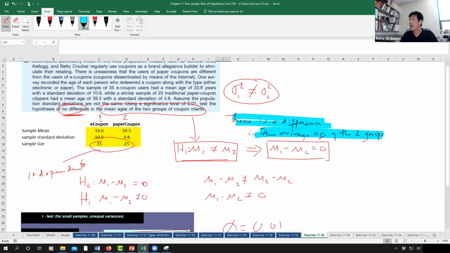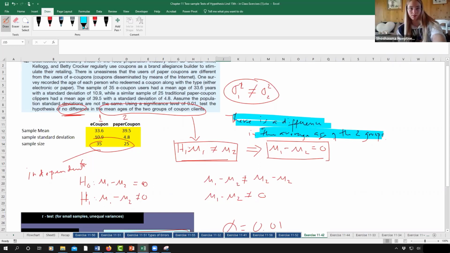So if you were a marketing person trying to promote your product and you are targeting the older group, the question is, which of these two coupon methods would be more useful for your target market?